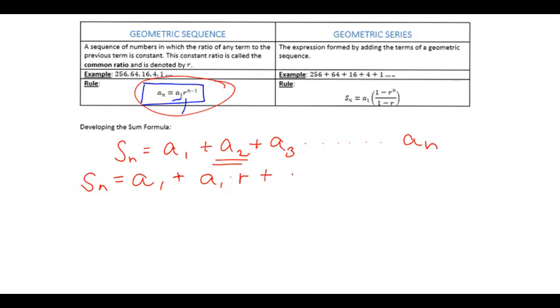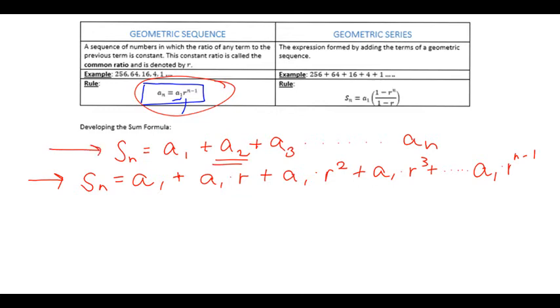The third term, I would take the first term and multiply it by the ratio two times, which would square the ratio. The fourth term, I would multiply by the ratio cubed, and so on and so forth, all the way up until I get that very last term, which is the explicit formula, a sub 1 times r to the n minus 1. So this line is a more general way of writing that a sum is all the terms added together.